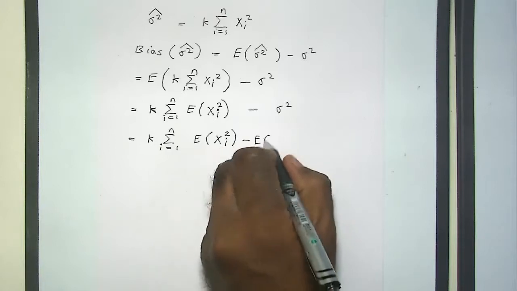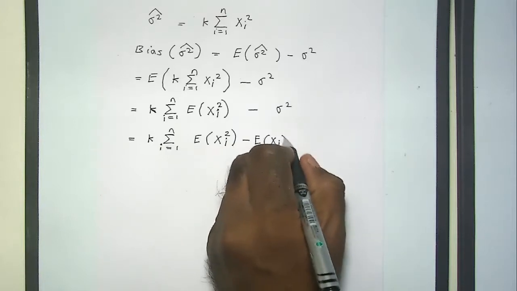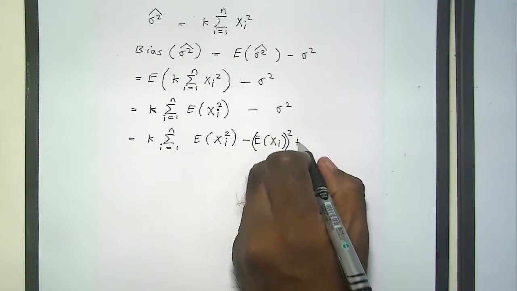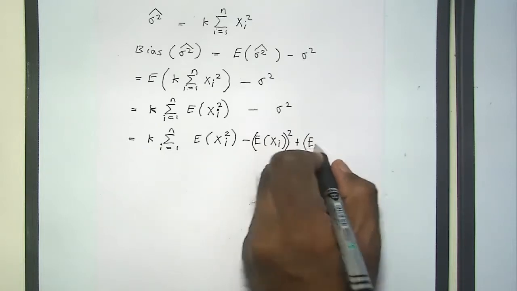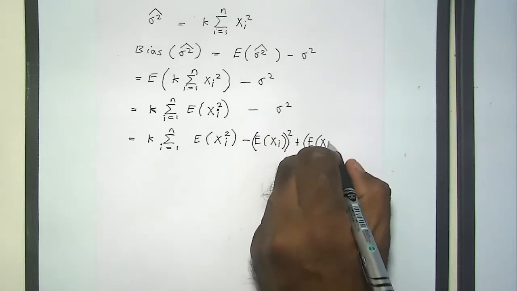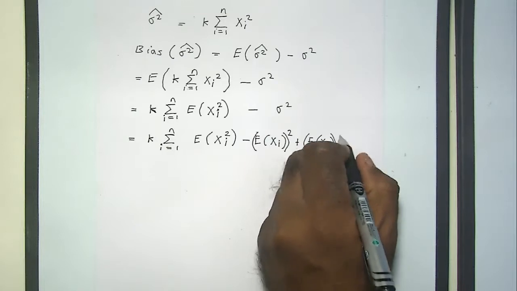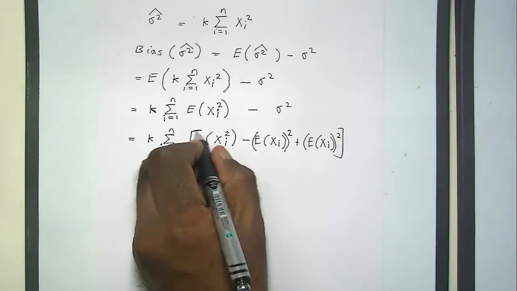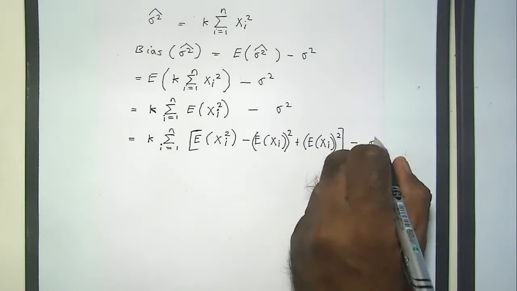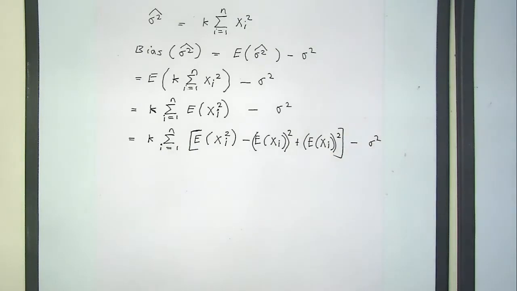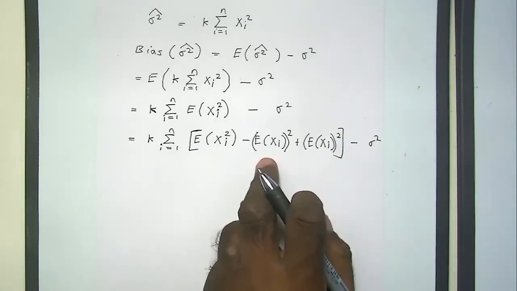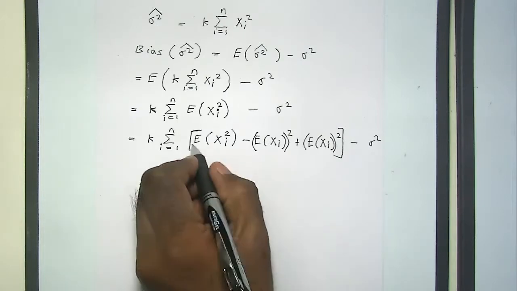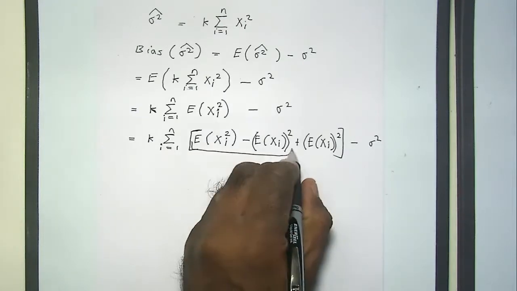Now I'm going to do the following. You'll see in a minute why I'm doing this. You see what I've done here? I have subtracted this term and added the same term. The reason I have done this is as follows, because what do you know about this guy here?